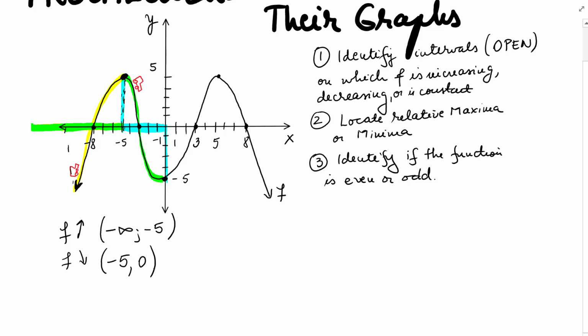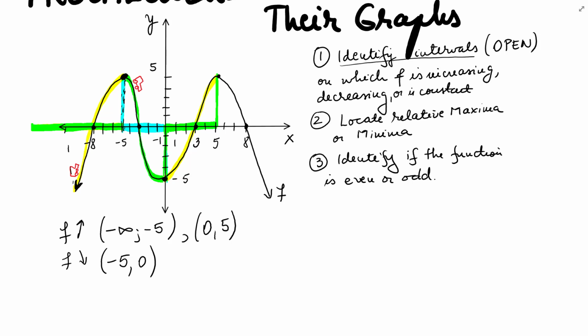So the x values are what we use when we identify intervals. After that, the function is increasing again. On what interval is that happening? It's on this piece, in between these two values, which is from 0 to 5. So the function is also increasing on 0 to 5.